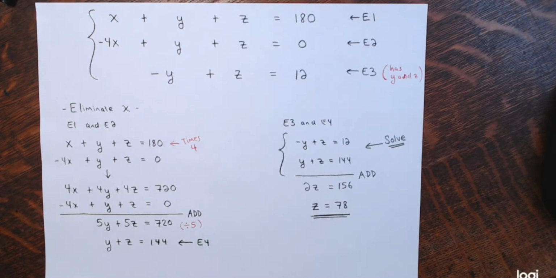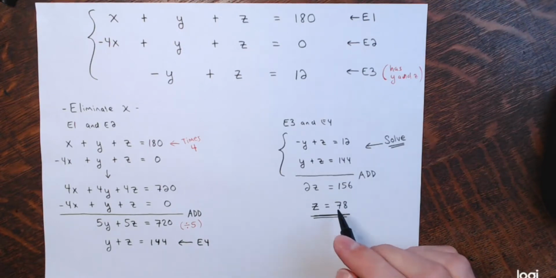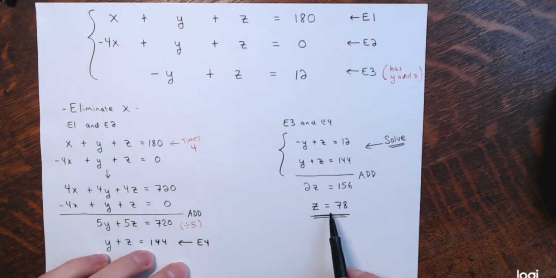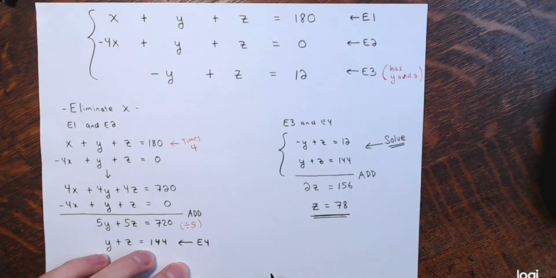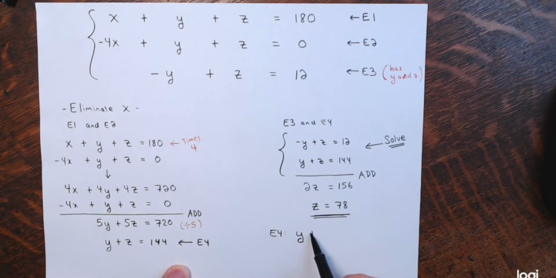But that's not all I'm asked to find. I'm asked to find the measure of all three angles. So I've got the z value. Now I just need to go back to one of these equations and replace z with 78 and find y. So let me go to equation 4. We have y plus z, which is 78 now, equals 144.